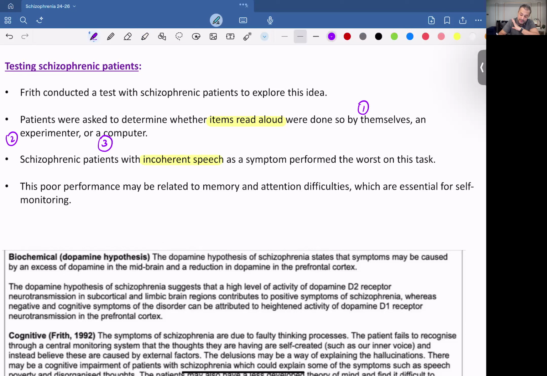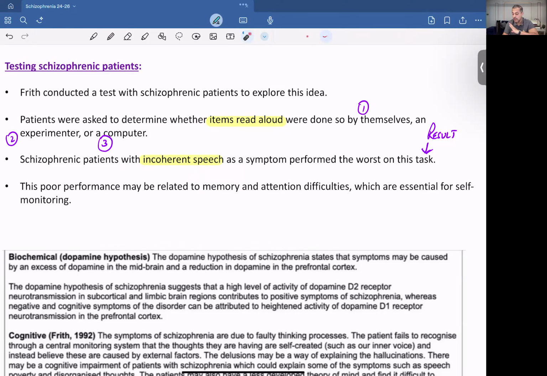If you talk about the findings, according to Frith, schizophrenic patients performed the worst on this task, and specifically the patients with incoherent speech. This poor performance may be related to memory and attention difficulties, which are essential for self-monitoring.